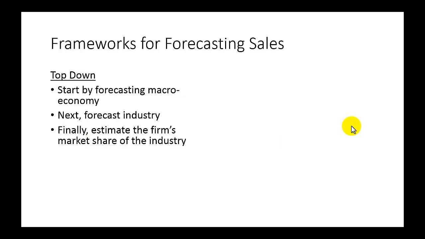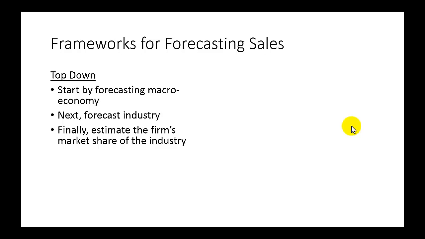One way is called the top-down method for forecasting sales. In the top-down method, you start by forecasting the macroeconomy. Is the macroeconomy going to grow at 3%, 2%, 1%, 4%? The next step is from your forecast of the macroeconomy, you go ahead and forecast the industry that you're analyzing.